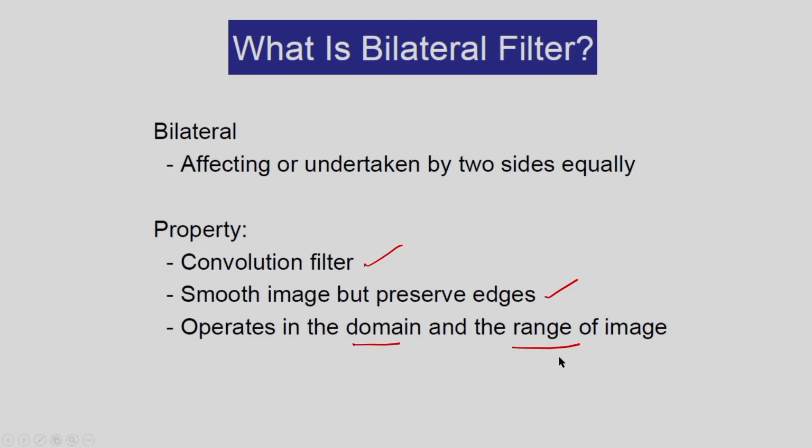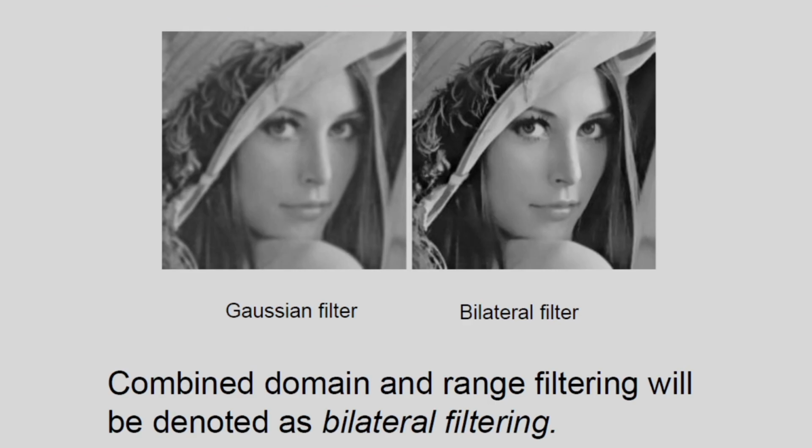For range I consider the photometric similarity, and for the domain I consider geometric similarity. So you can see the output. One is the Gaussian filter output, another one is the bilateral filter. In the bilateral filter, you can see the edges are preserved, and the image is also smoothed. So I combine domain and range filtering in the bilateral filtering.